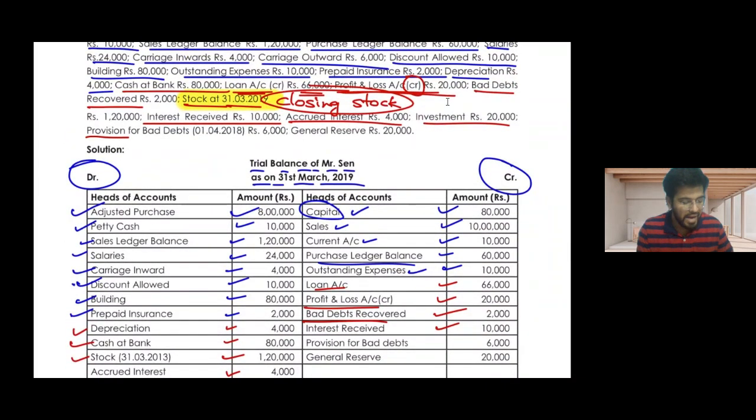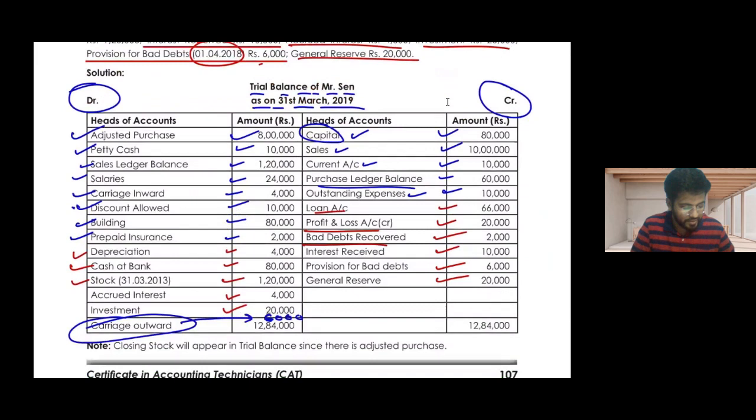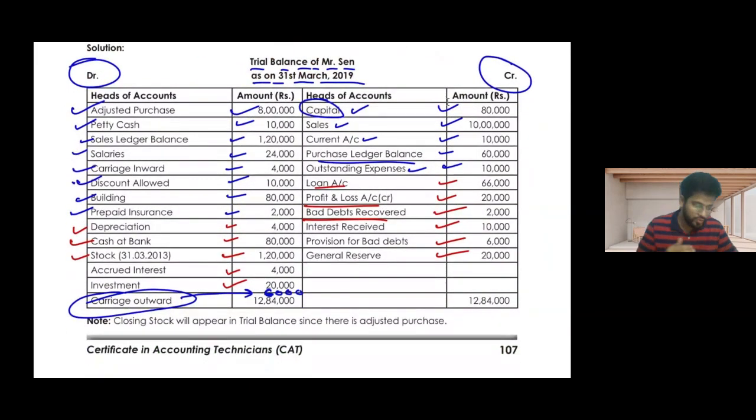Provision for bad debt. Provision for bad debt is a reserve, that is always a liability. All the reserves and provisions are a liability. So this is an opening reserve, that is 6,000. I will write it on the credit side. And last, we have the general reserve, that is also a reserve on the credit side of your trial balance. So we have 20,000.